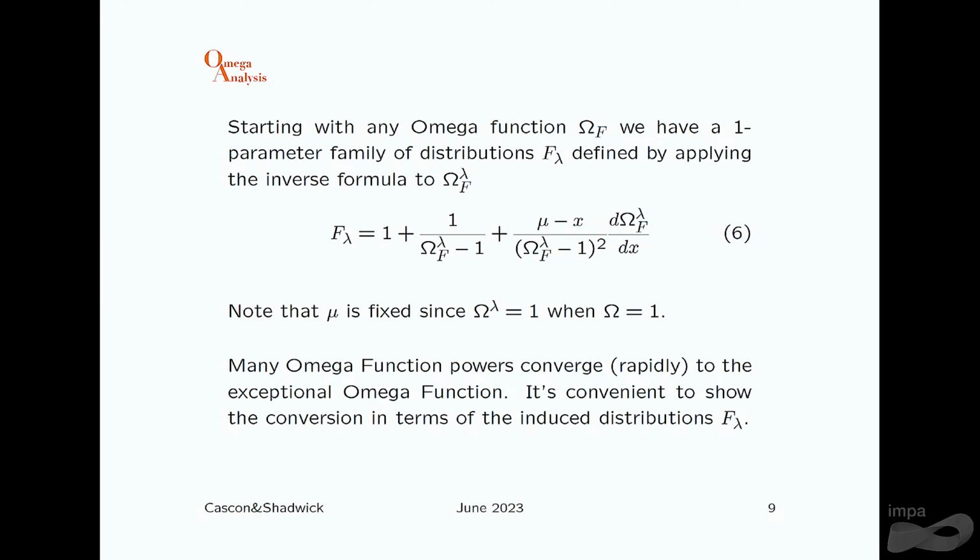That's the thing we use to compute probabilities and so on. And that's the format in which it's most convenient to watch the convergence. But there has to be a convergence. If omega lambda is converging to the CSS omega, which is e to the x, then f lambda has to be converging through this formula to the CSS distribution.